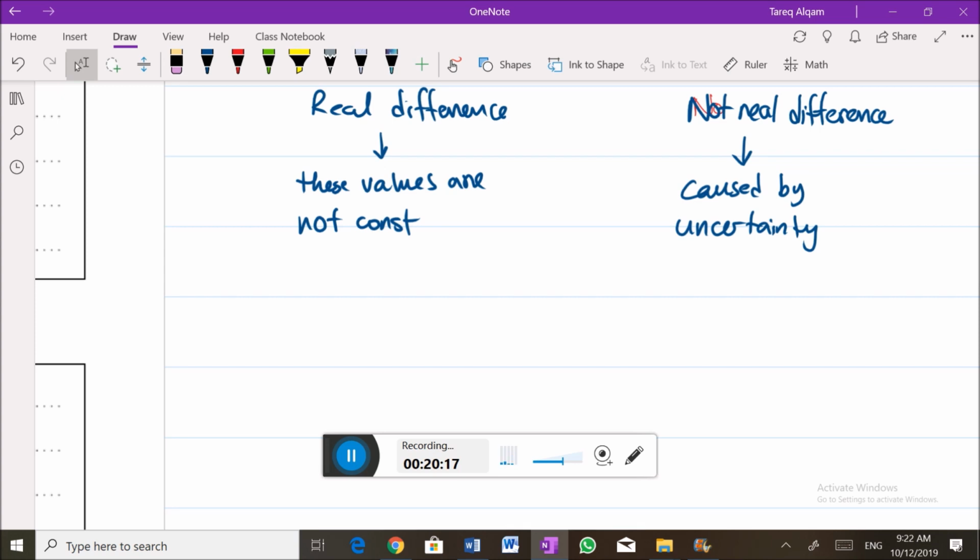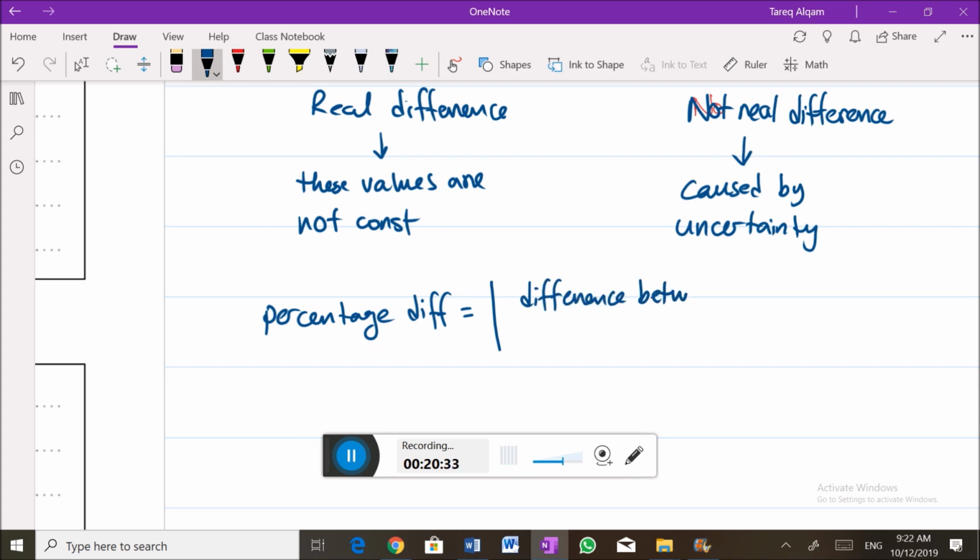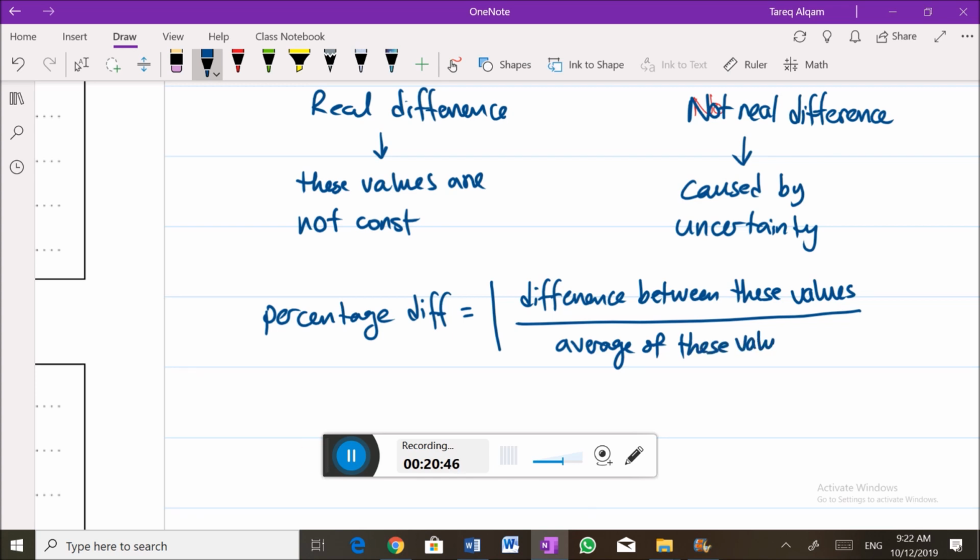Here I have to find something called percentage difference. Percentage difference, it's the difference between these values over the average of these values, times 100%.